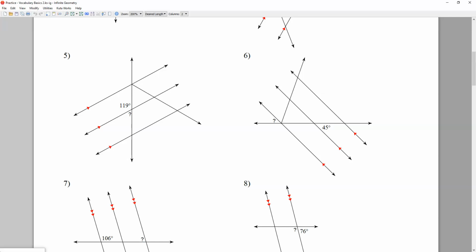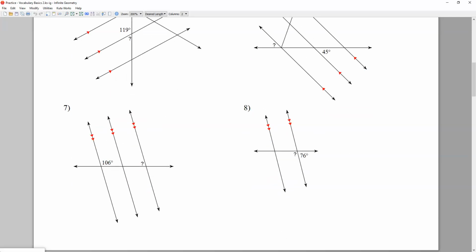Number 6, those are alternate exterior angles. Question mark equals 45. Number 7, those are same side interior angles. I'm not really looking at that. There's 3 parallel lines right there. I'm not looking at that middle one. Those are same side interior. They add together to give me 180. So I'm going to say question mark plus 106 equals 180.